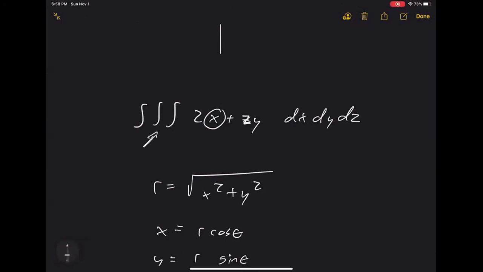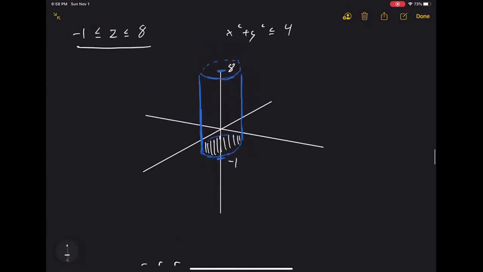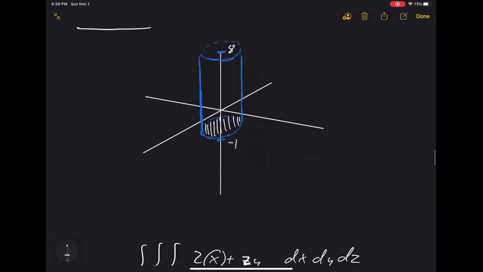Sometimes it could be, just converting whatever they have written into cylindrical coordinates. But since we never wrote down those bounds, let's just look at our region and figure out our bounds for our cylindrical coordinates from our picture.